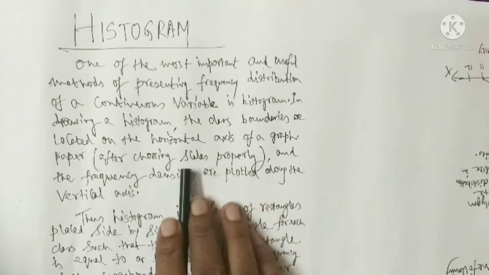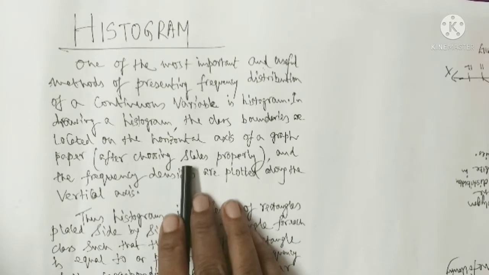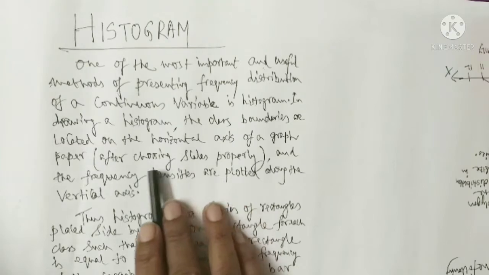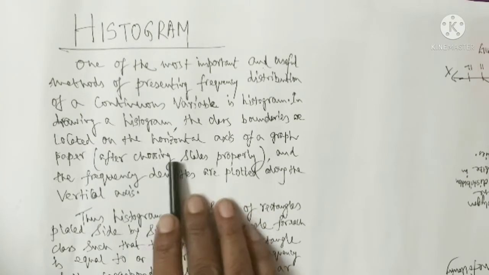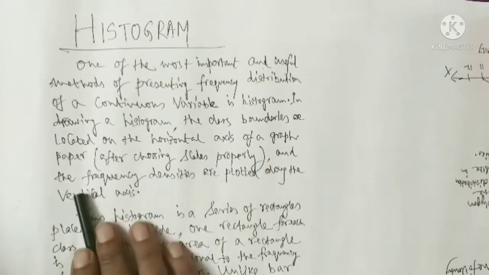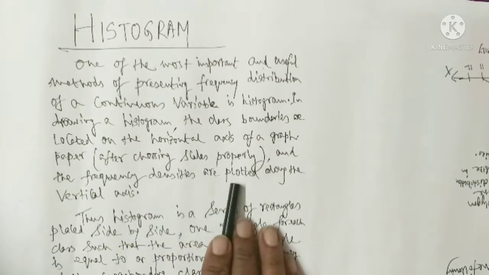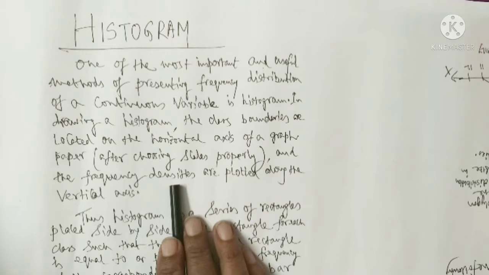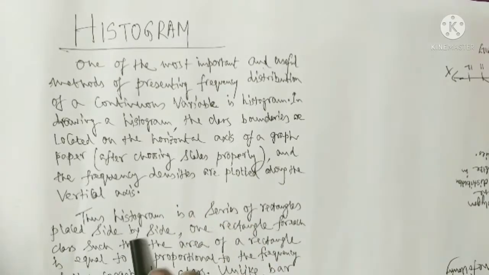Scale means we can take 5 units, we can take 10 units, whatever we want to take. The frequency densities are plotted along the vertical axis. Here frequency densities are mentioned, but if we measure only frequencies, that will also be possible.